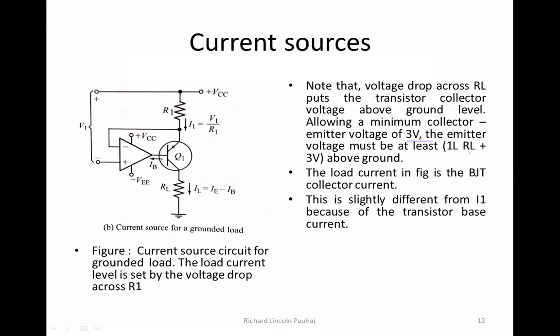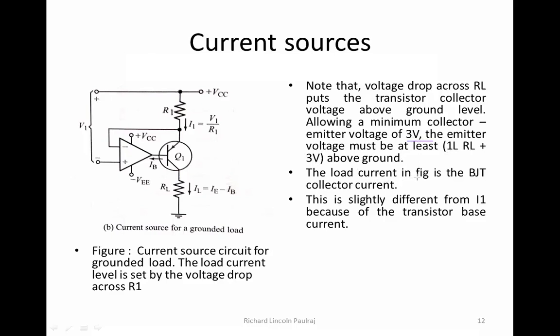I into R, which is VL, the voltage across the load, plus 3 volts above ground. So suppose I want to have an emitter voltage of 5 volts, then what is going to happen? It is going to be IL RL plus 5 volts above the ground level.